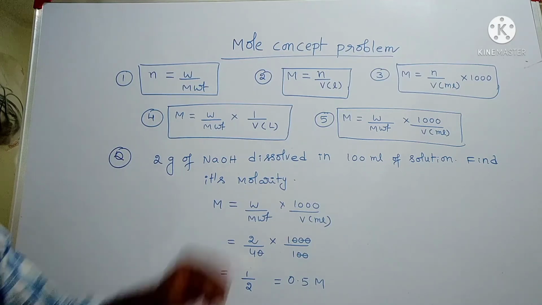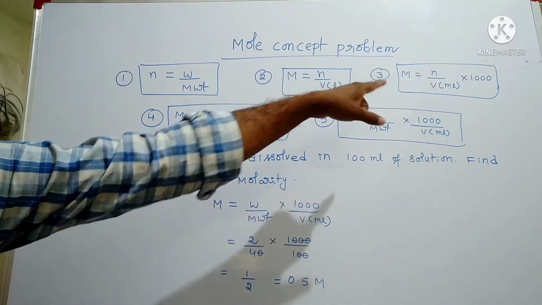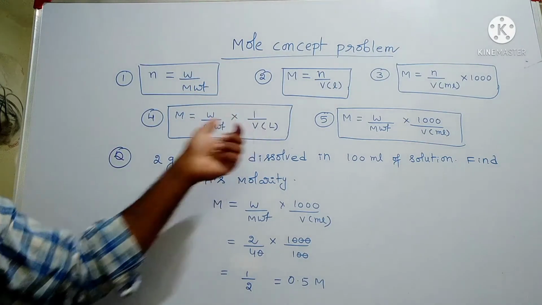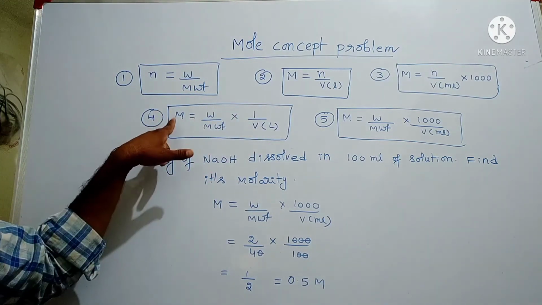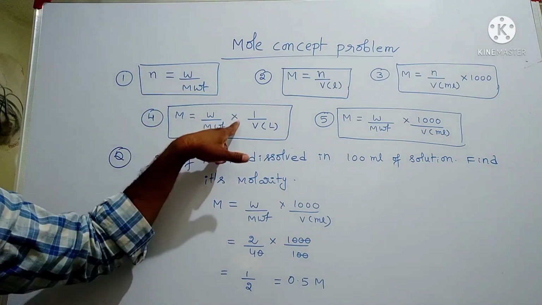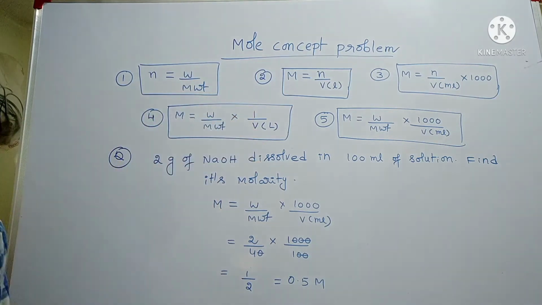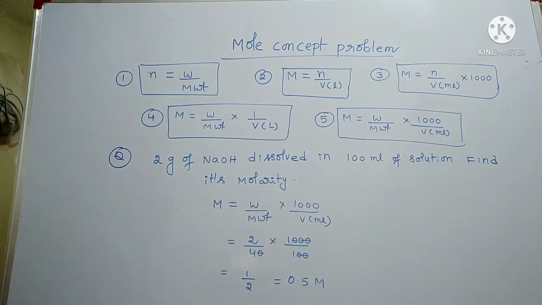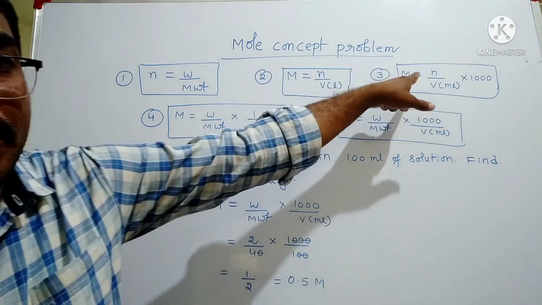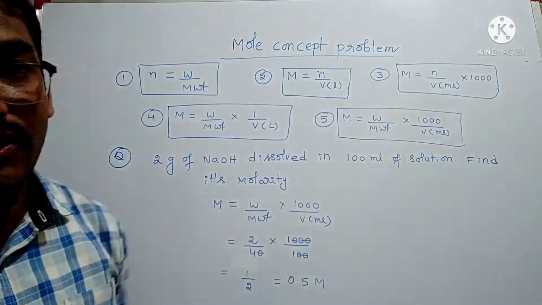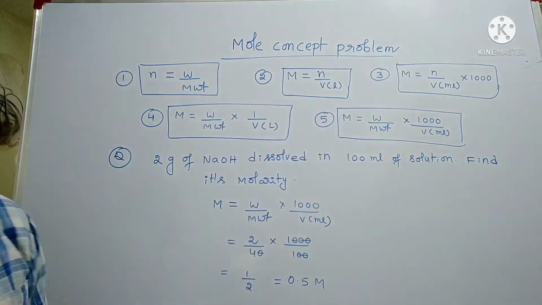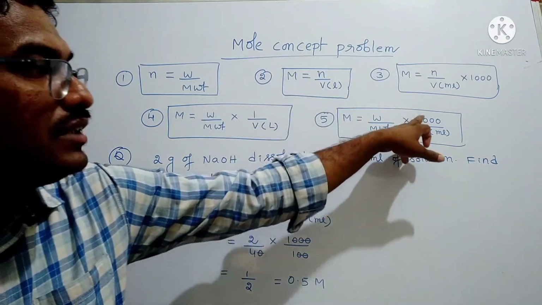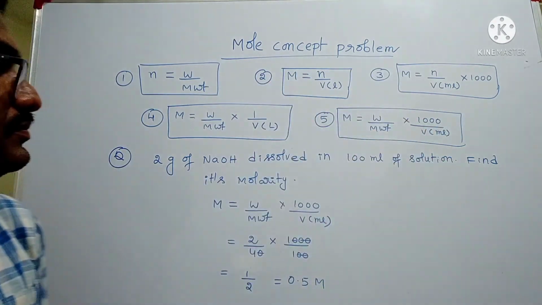Now n is substituted with weight by molecular weight. Molarity is equal to weight by molecular weight into 1 by V in liters. When you substitute n in this equation, you get molarity is equal to weight by molecular weight into 1000 by V in ml.